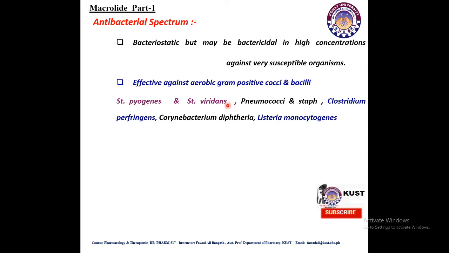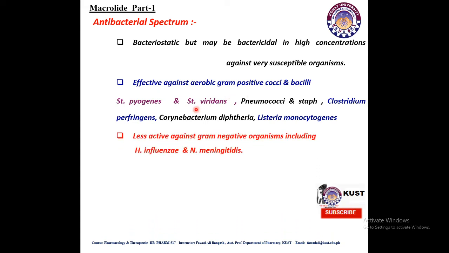Macrolides like erythromycin are highly effective against them. They have activity, but less activity, against gram-negative organisms, including H. influenzae or Neisseria meningitidis. Erythromycin also shows activity against Neisseria gonorrhoeae, Bordetella pertussis, and Helicobacter pylori.